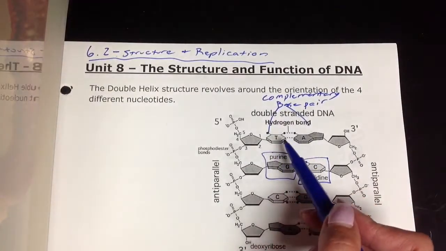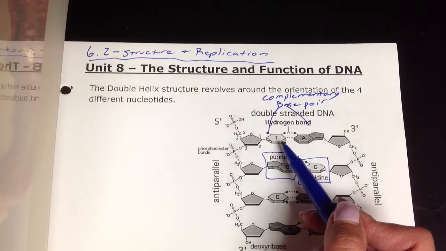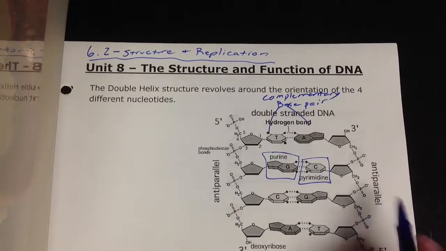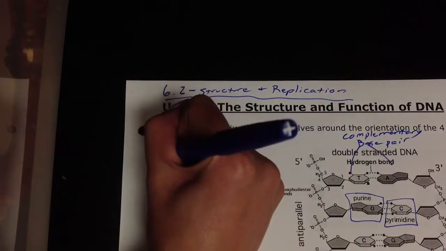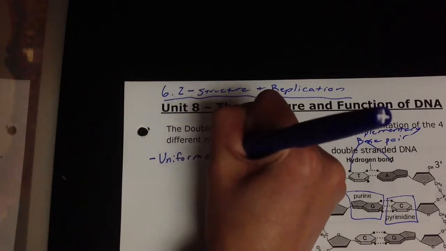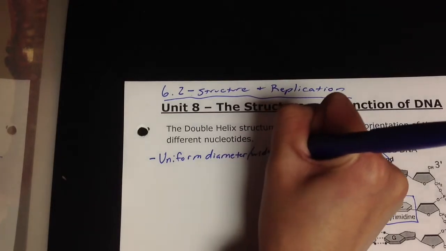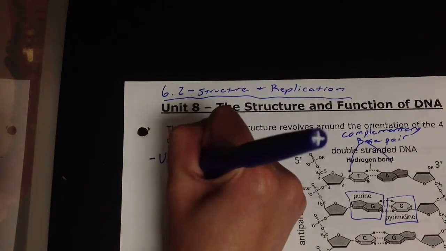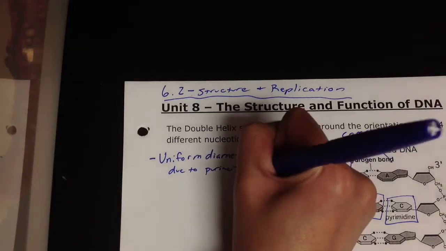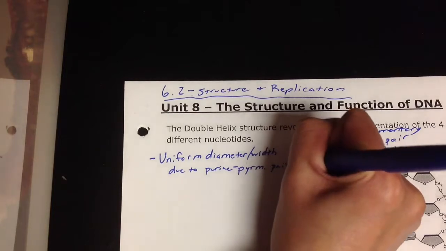Because a purine and a pyrimidine always pair together, this creates what's known as a uniform diameter or a width, due to purine to pyrimidine pairing.